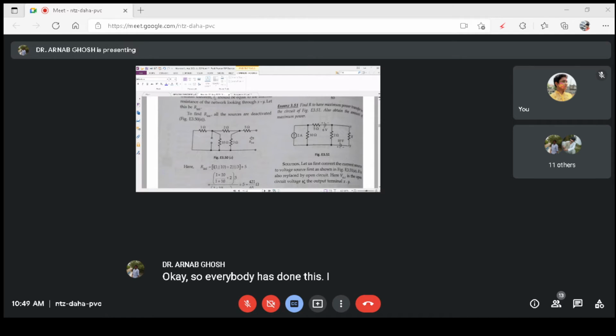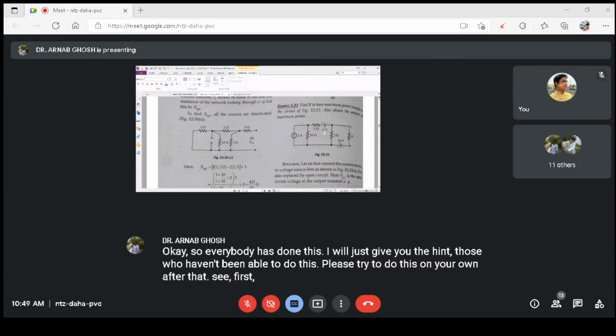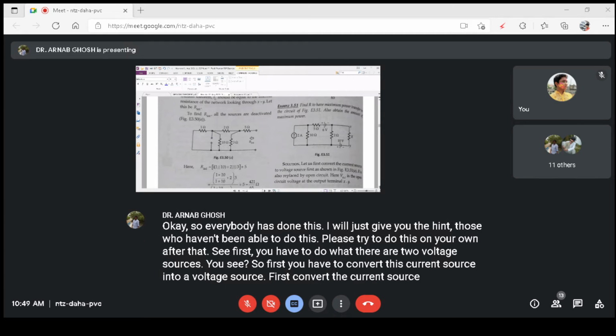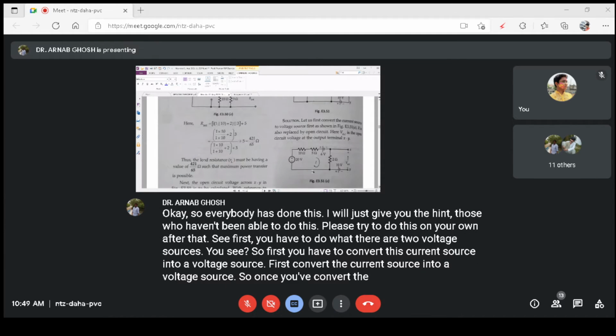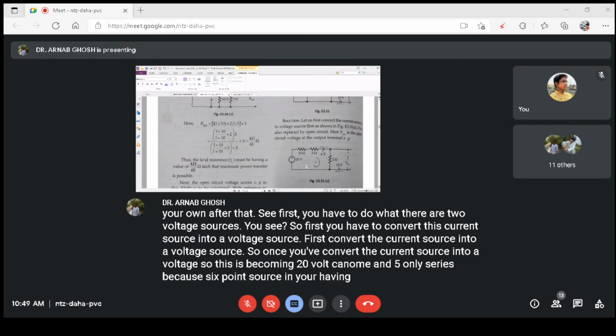I will just give you the hint. Those who haven't been able to do this, please try to do this on your own. There are two voltage sources, you see. So first you have to convert this current source into a voltage source. Once you convert the current source into a voltage source, this is becoming 20 volt, 10 ohm and 5 ohm in series with a 6 volt source, an ohm resistance and a 10 volt source.